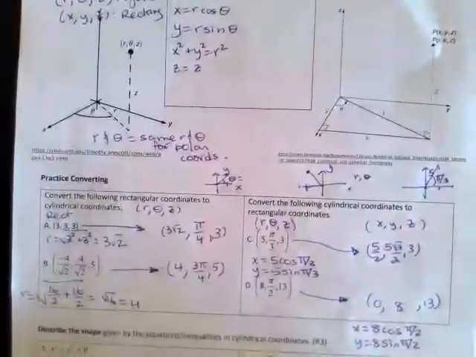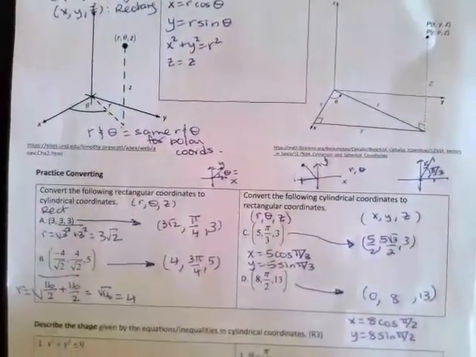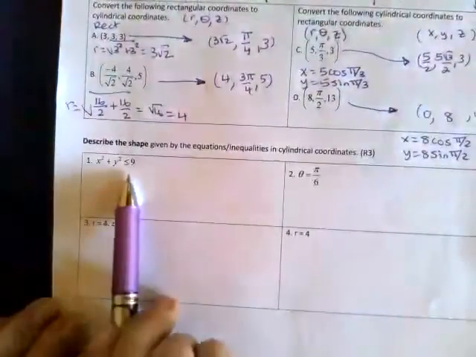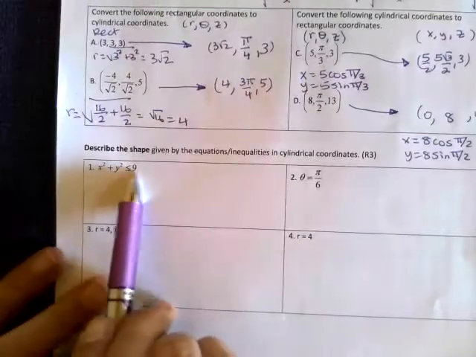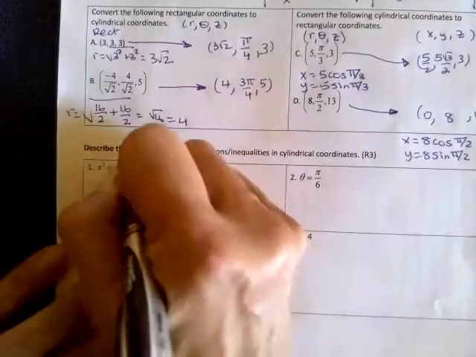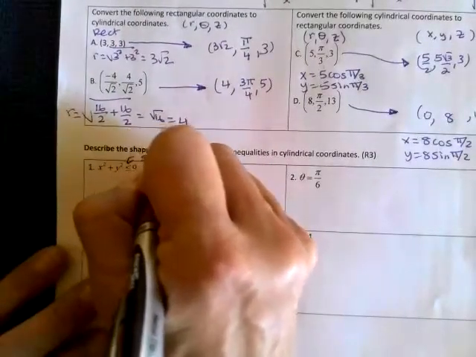Okay, so now let's describe the shape. I have mostly equations and I have one inequality. When I have this inequality, that means this is a solid. So the inequality means we're looking for a solid.